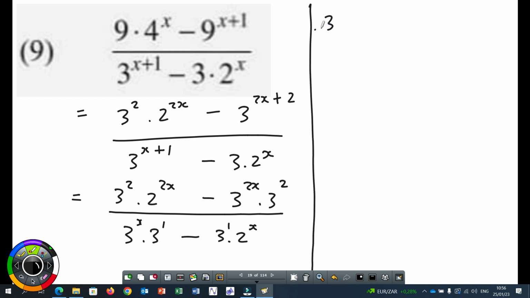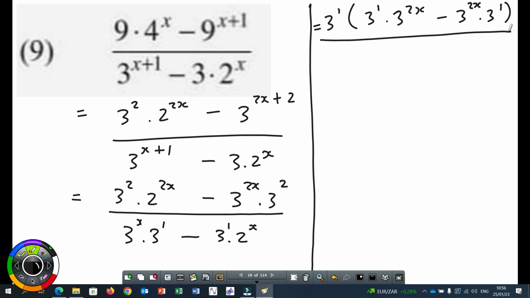So we have 3 to the power of 1. When we open the bracket, that will be 3 to the power of 1 times 3 to the power of 2x minus 3 to the power of 2x times 3 to the power of 1. This is all over, in actual fact, if you look at it carefully, sorry, this is supposed to be a 2. So let me change that. Okay, this is a 2.